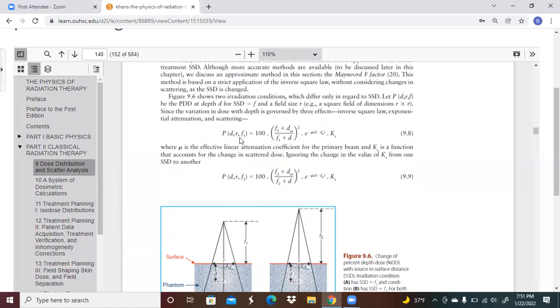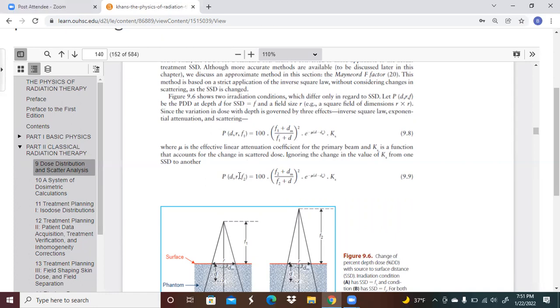All of the stuff in parentheses are the things that influence that: the depth of the treatment, the field size at the surface, and the SSD at that particular point. So you can see how all of those factors are placed in here.